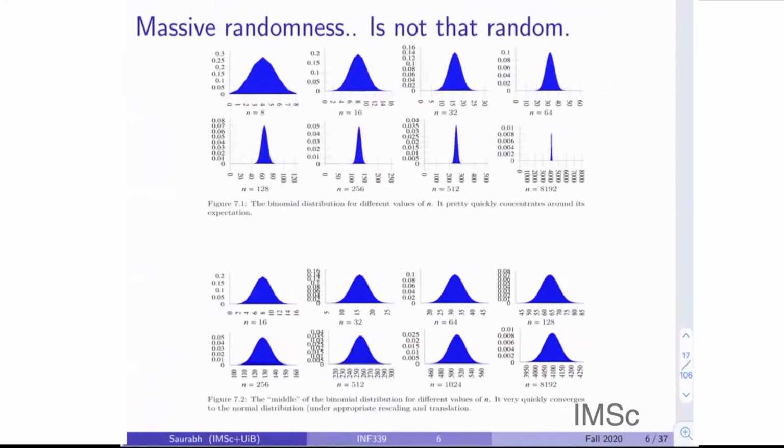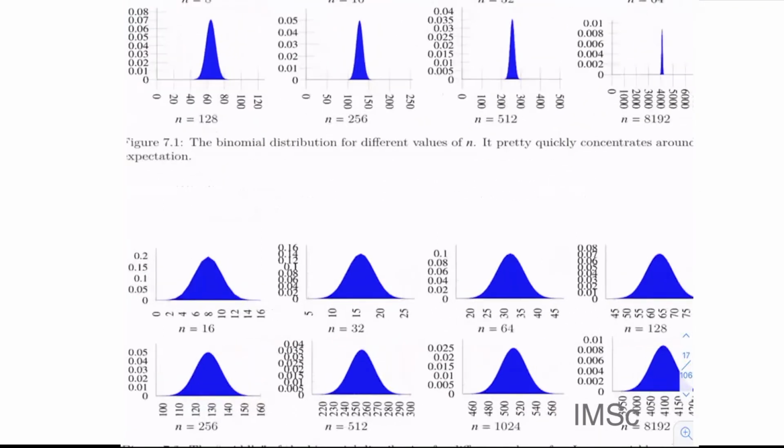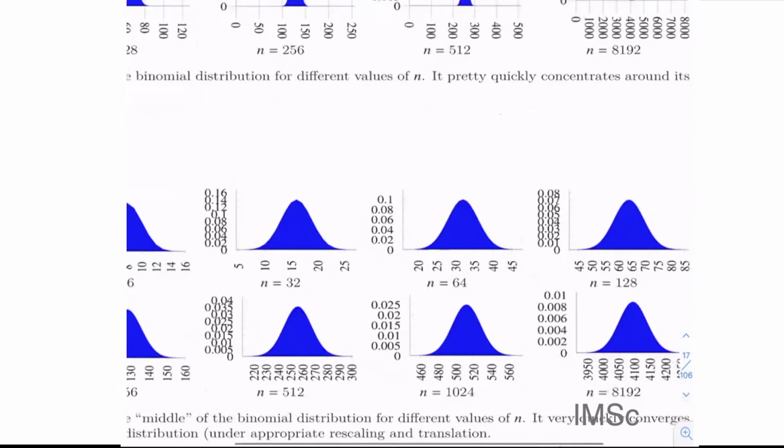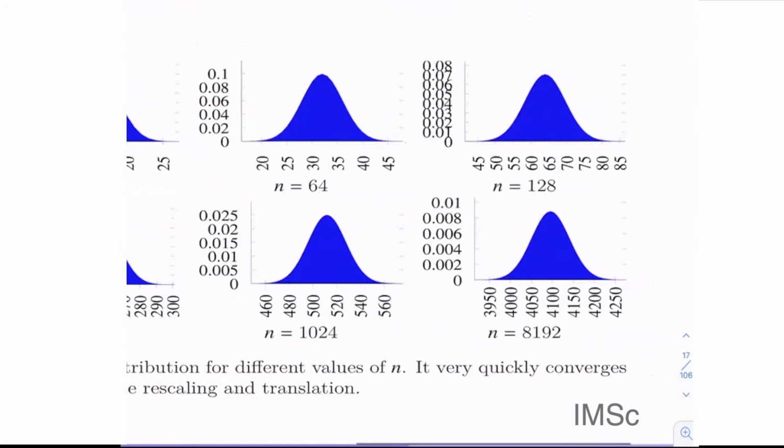So this is the curve which I showed you up until now. And in the second picture, I'm zooming in on the middle part. If you zoom in on the middle part, this is what it looks like, what is called a bell-shaped structure.